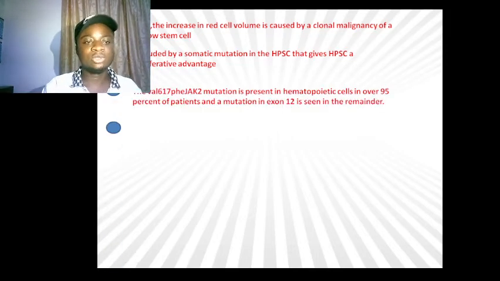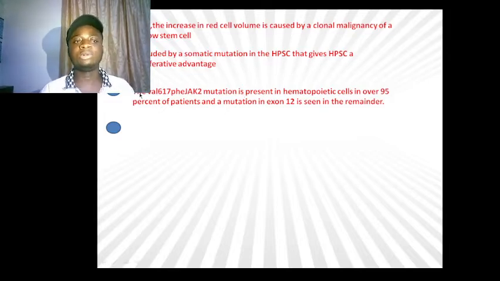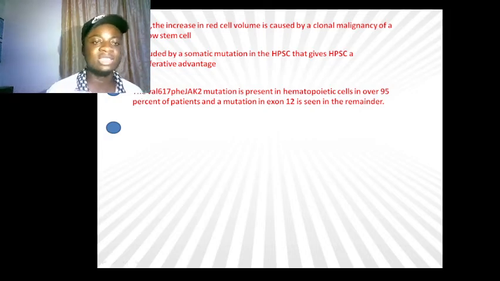The mutation is the valine 617 phenylalanine JAK2 mutation. This is the somatic mutation we're talking about, a mutation in the hematopoietic stem cell. So in Polycythemia Vera, always remember that there is the JAK2 mutation.